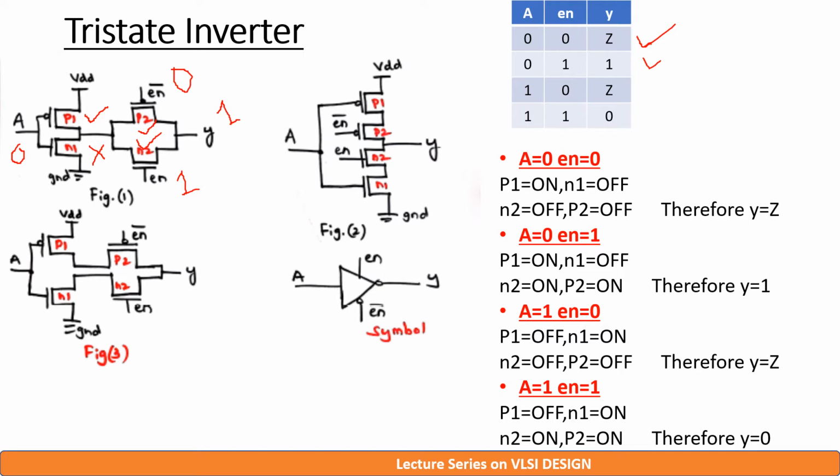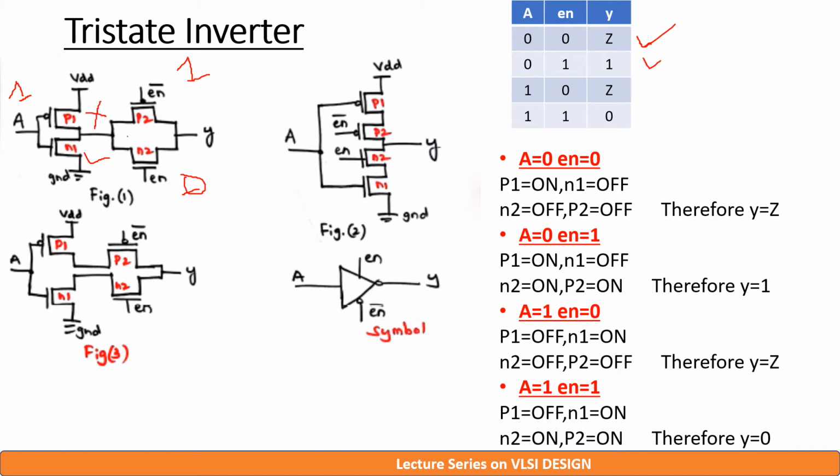Similarly, if we analyze the third combination, that is when A is 1, enable 0 and enable bar will be 1. With A as 1, the NMOS transistor will be in the on state and PMOS will be in the off state.